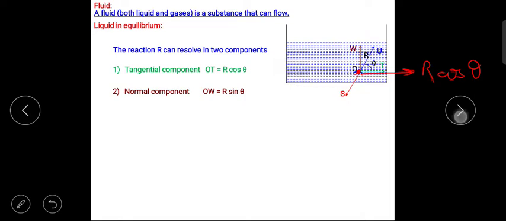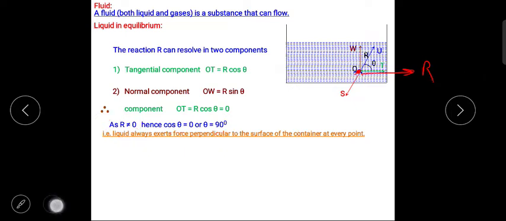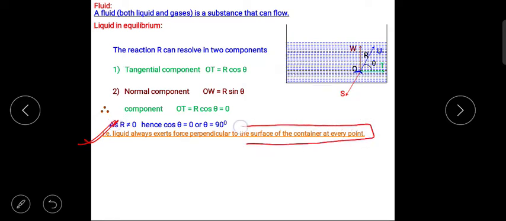Is that okay? So I can say that the tangential component, R cos theta, must be 0. Why? Because the liquid is in equilibrium. That means R cannot be 0, and hence cos theta will be equal to 0, so theta is 90 degrees. In short, liquid always exerts force perpendicular to the surface of the container at every point.